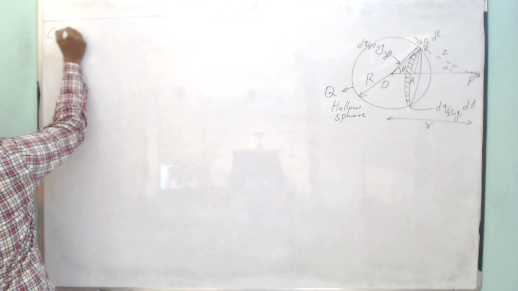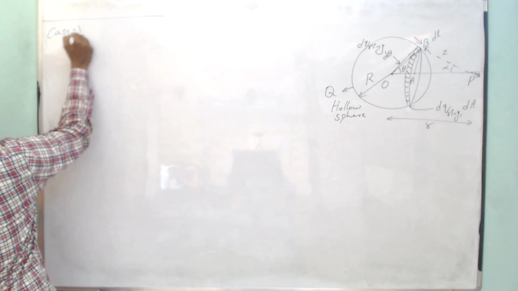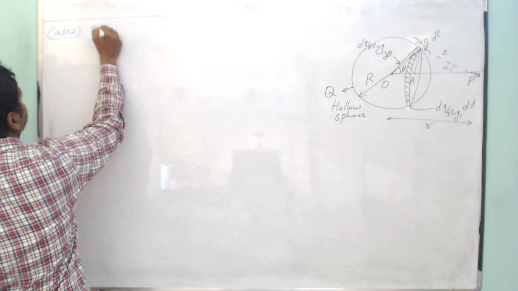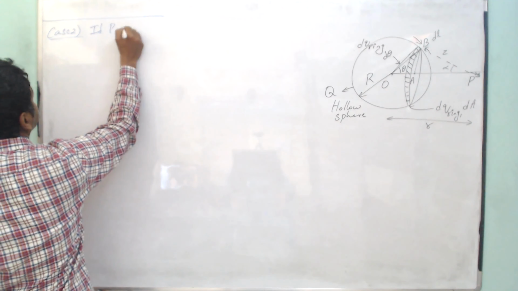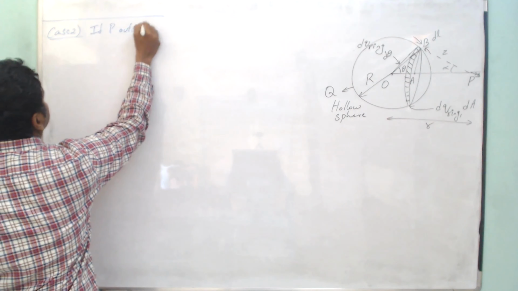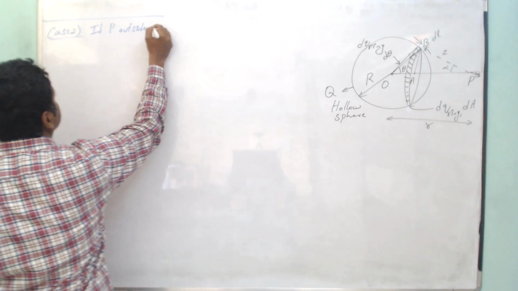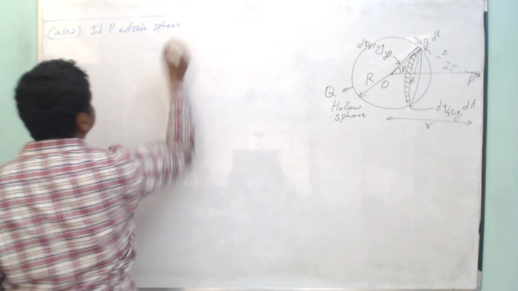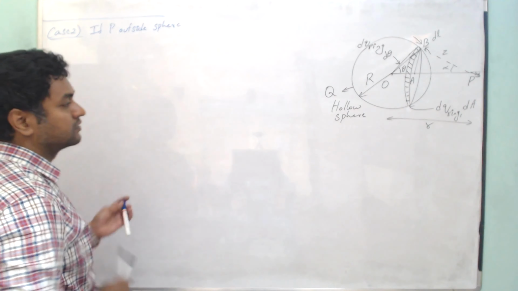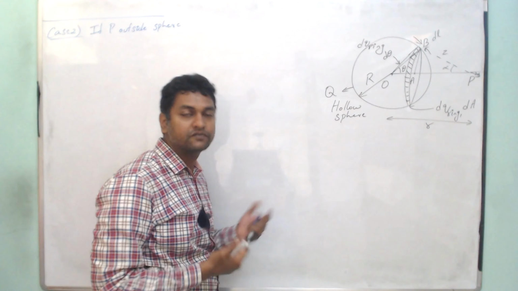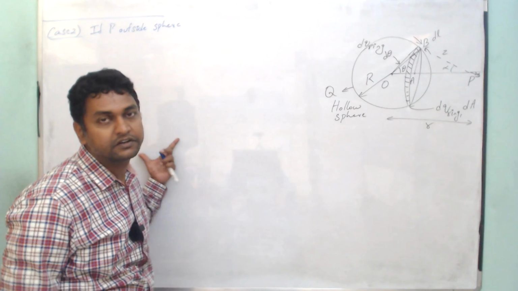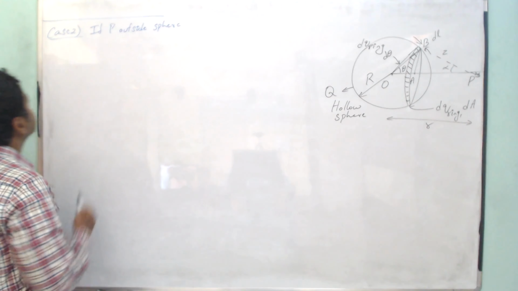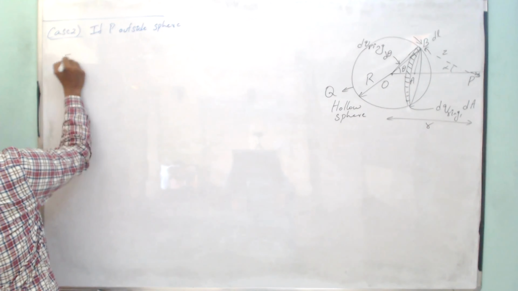Case 2. What is case 2? If point P is outside the sphere, all we have to figure out is the limits of Z. What will this E net be?